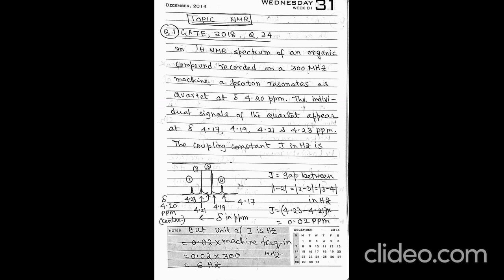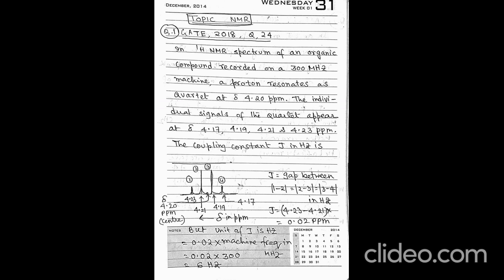Here they have given that the signal is a quartet, meaning 4 lines are there, and the delta value of that quartet is 4.20 ppm, meaning it is at the center of the quartet. In addition, there are 4 lines given, 4.17, 4.19, 4.21 and 4.23.